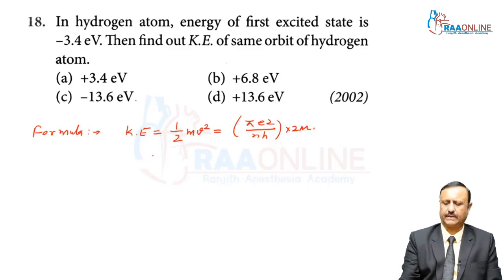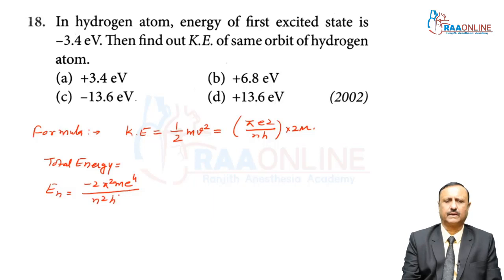Now, my dear students, we can see the total energy. Total energy means En. En is equal to minus 2 pi square m e power 4 charge of electron divided by n square h square.